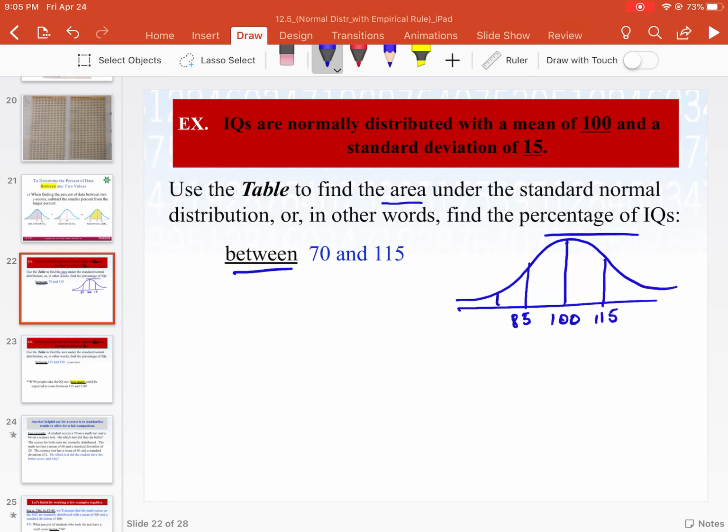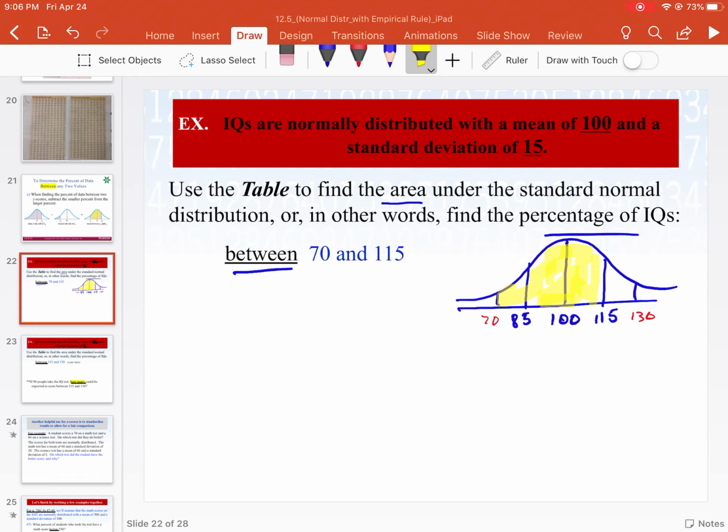And if I go another standard deviation, what's 15 below 85? 70. And 15 above 100, 115, and another 15 is 130. Okay. So actually, we're looking for between 70 and 115. So we're looking for right in here. That's how much we want, which is a lot of the pie, right? That's a lot of it.